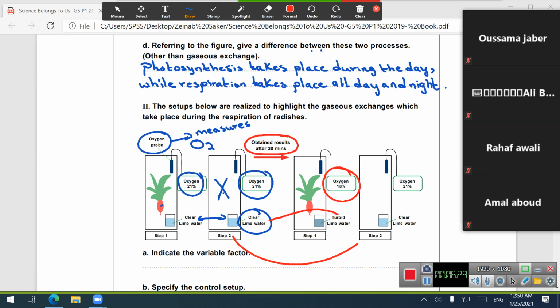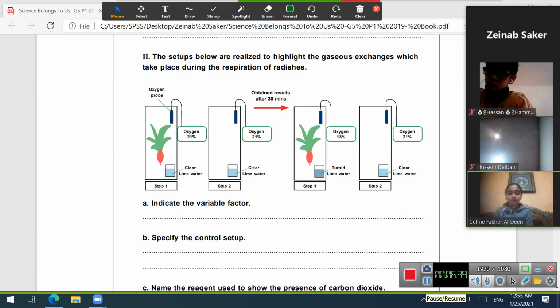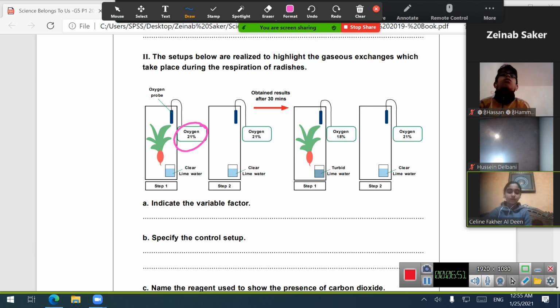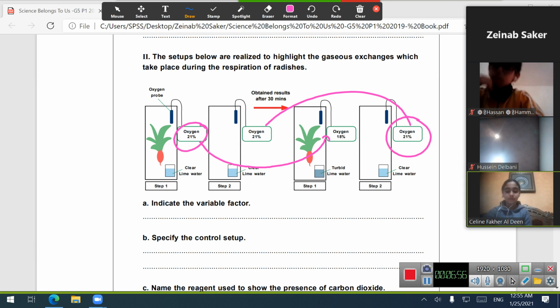While in step 2, the clear lime water is still clear and the oxygen amount is still the same, didn't change. Who can give me an explanation to this analysis? Okay, Celine, can you tell me why does the oxygen amount decrease in step 1 and stay the same in step 2? Why?